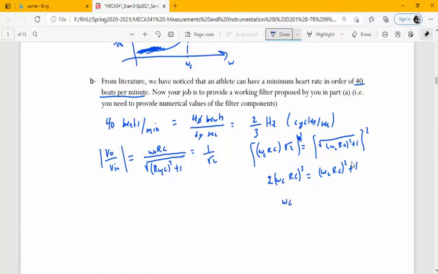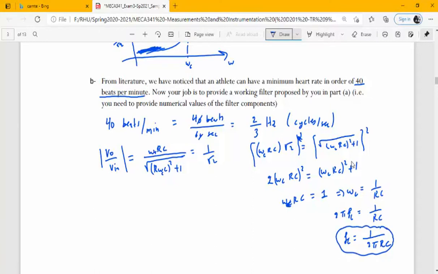Therefore omega c RC, where c is a subscript, is equal to 1. So the cutoff angular frequency is 1 over RC, and therefore 2 pi fc is 1 over RC. The cutoff frequency is equal to 1 over 2 pi RC.